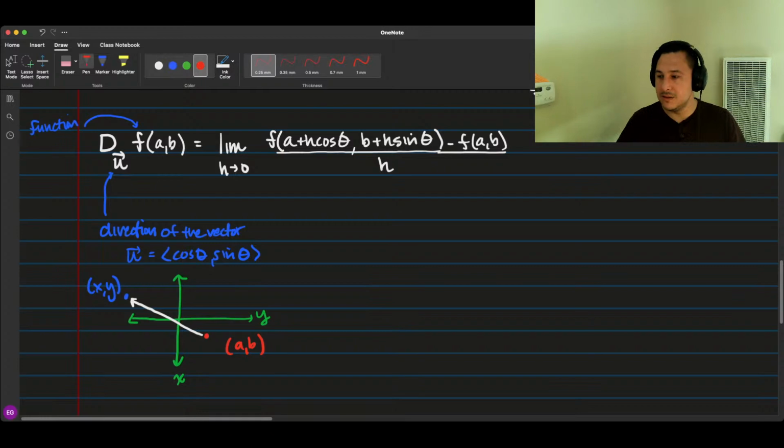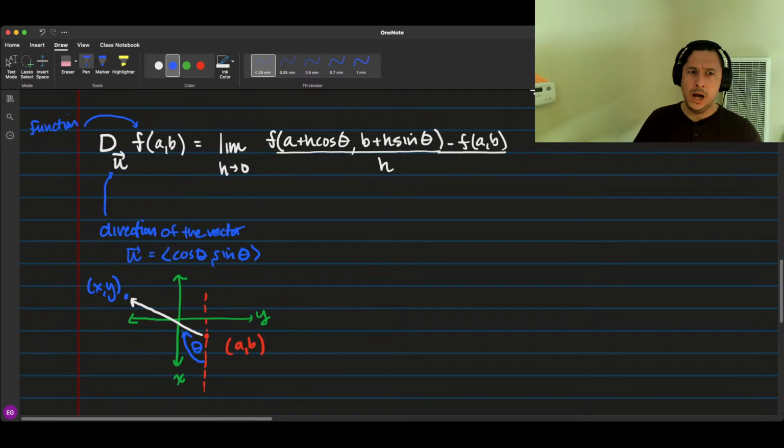Well, what did you do? You imagine a line parallel to the x-axis moving through there, and then you measure that angle theta. Because that's how you form that directional vector. It's so hard to say these things sometimes.